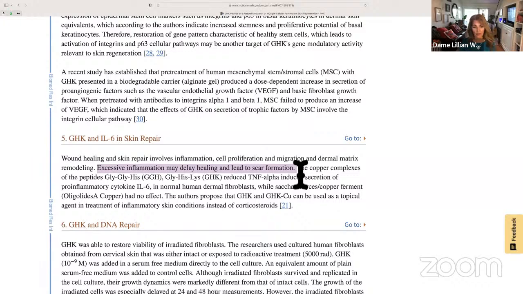So this is talking here about how excessive inflammation may delay healing and lead to scar formation. The stem cell activation patches will actually replace, rebuild, and restore that scar tissue. It's actually going to take the original tissue and replace it so that it gets rid of the scar tissue. One of our patches is the glutathione patch, which is your master antioxidant. So that is going to detoxify your body as well as boost your immune system.